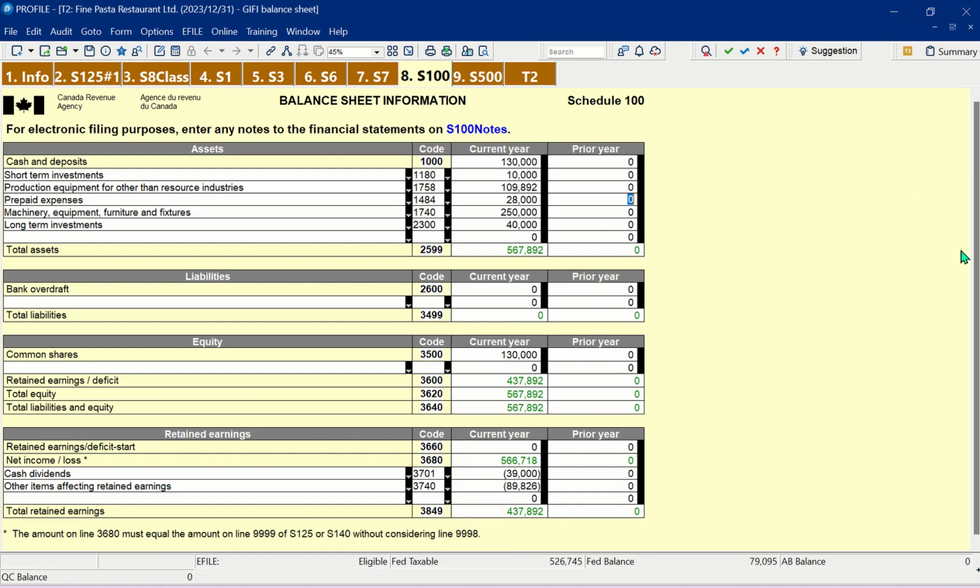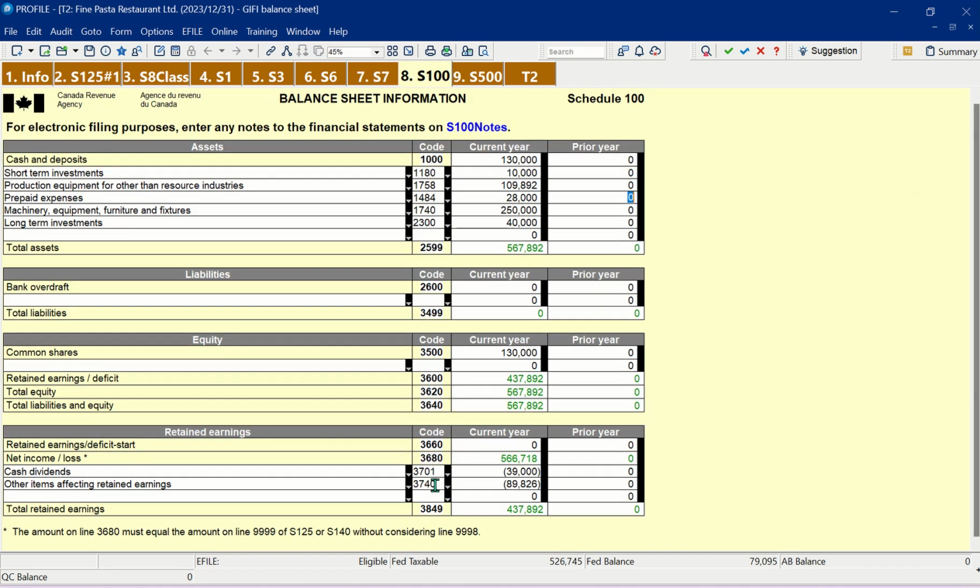Then in the balance sheet, a few things change over here. We reduced our cash dividends to 39,000, and our prepaid went up by 16,000. Now it's 28,000, and that's it. Nothing else.